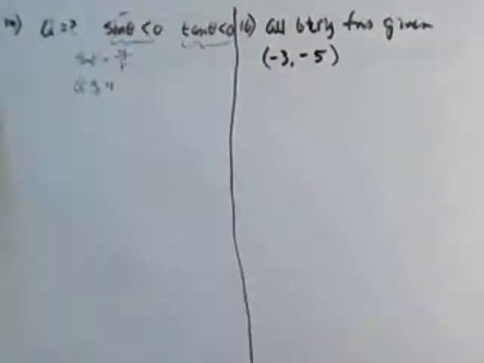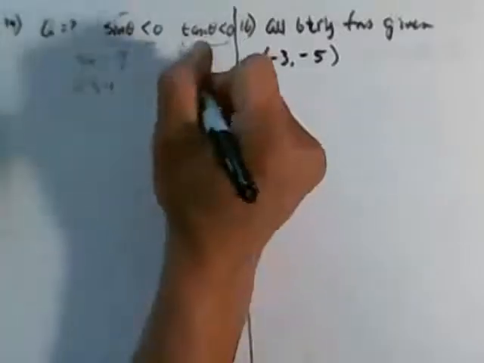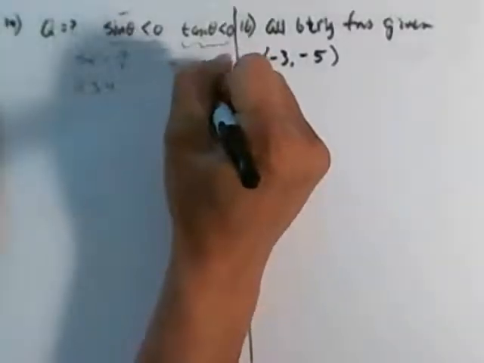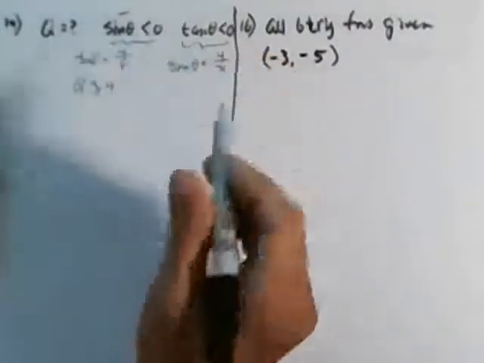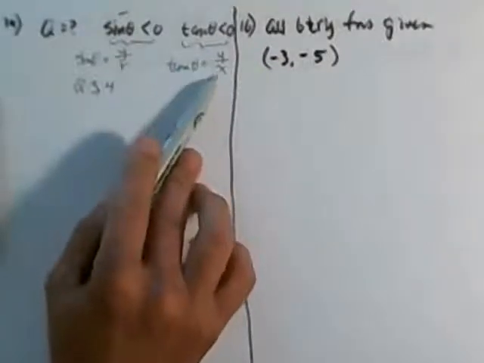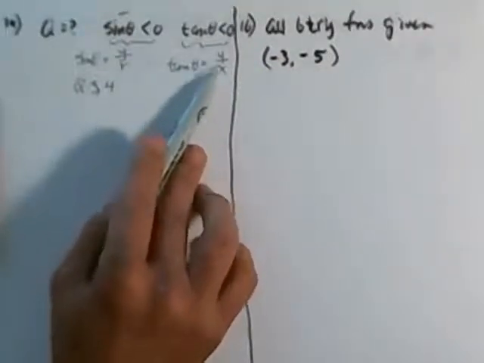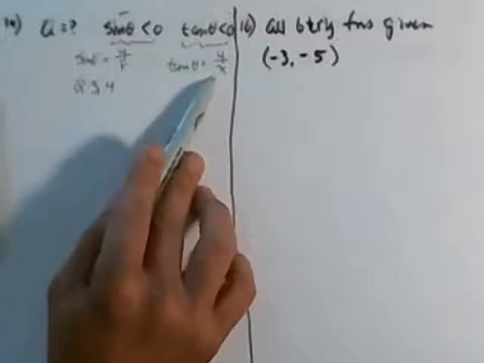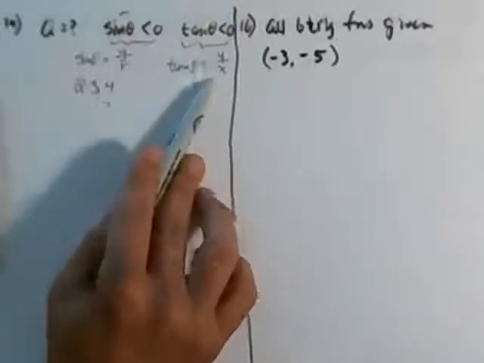And let's look at the tangent of that angle. I changed the problem just a little bit. I made it just a little bit harder for you guys, okay? But it's the same concept every single time. Tangent of the angle is y over x. When one of them is positive and one of them is negative, the tangent is negative.